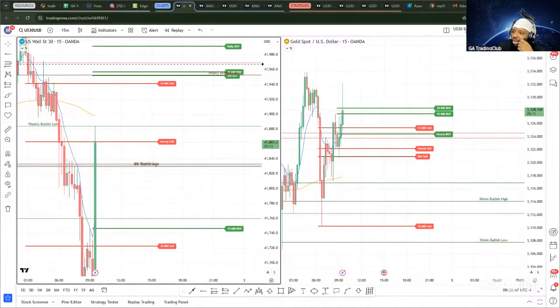I may get a sell opportunity for a trendline SAR rejection level for gold, depending on how this 15-minute candle closes.